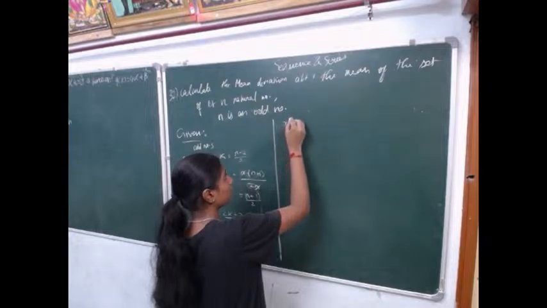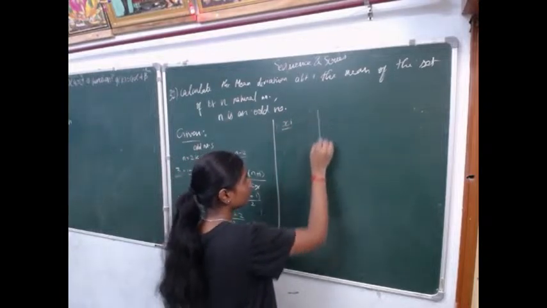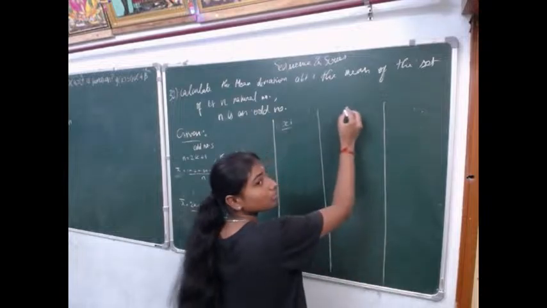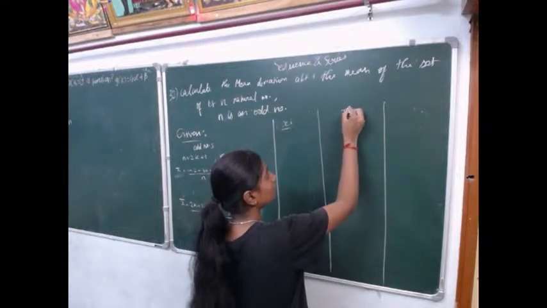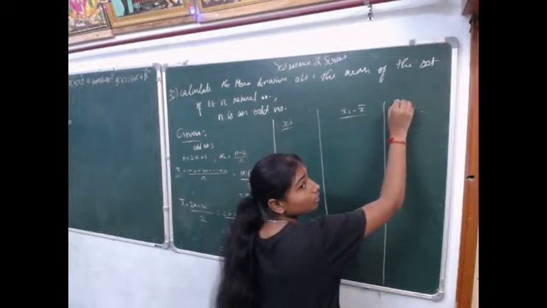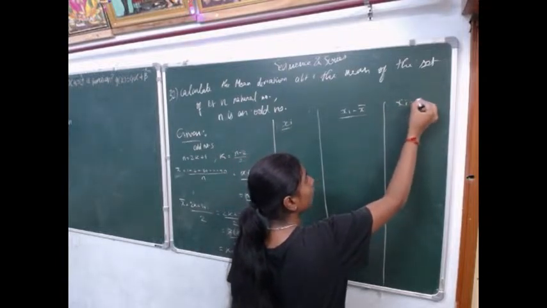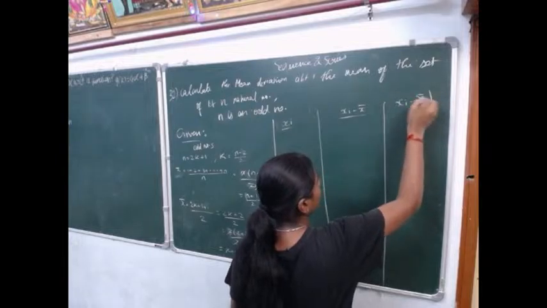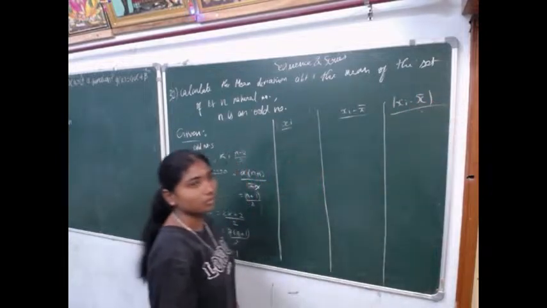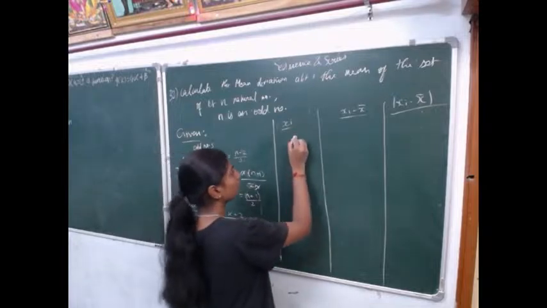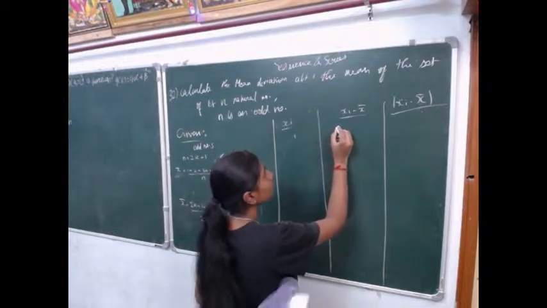You can substitute the formula xi minus x bar. This is xi equal to 1 minus, what is our x bar? K plus 1. So put k plus 1, is equal to what? Minus k. And the modulus of this one is k. So likewise you have to do 2, 3, 4, etc. Try.